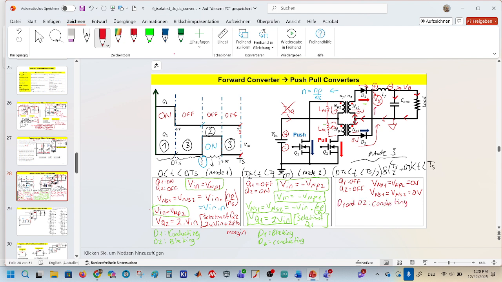But the value of the current, if you compare with the first and second mode, the current that flows on D1 will be half of the current of the inductor.